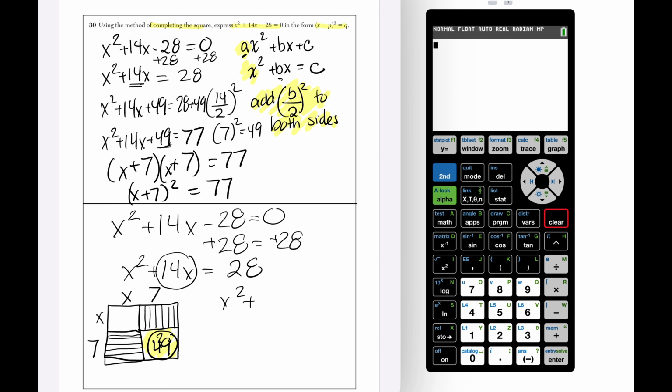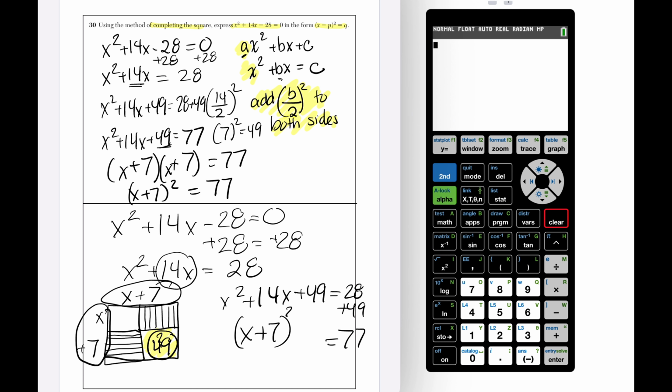Well, one, I know I'm adding 49 to both sides. So I know I'm getting my 77 here, but I can clearly see x plus 7, x plus 7. So I can see the (x plus 7) squared is equal to 77.